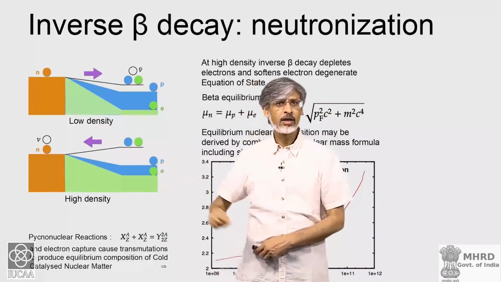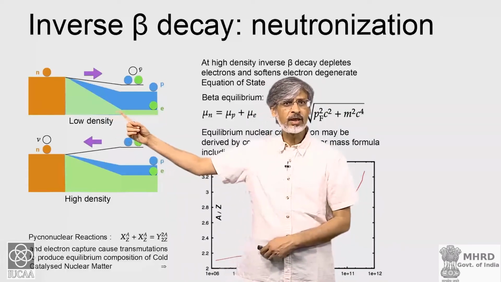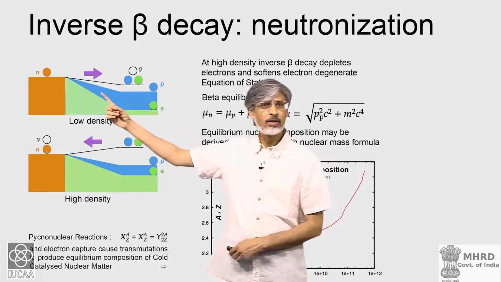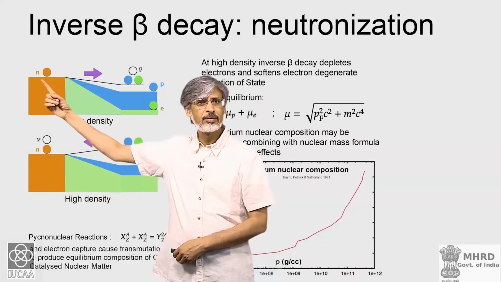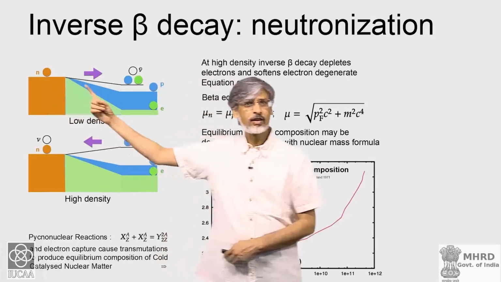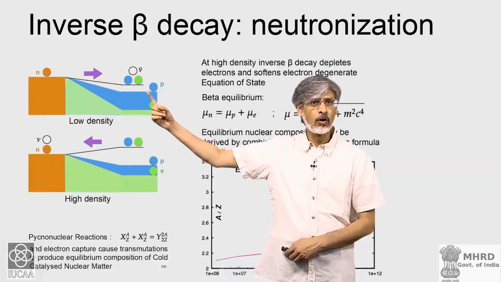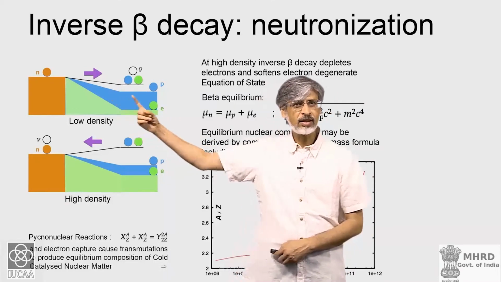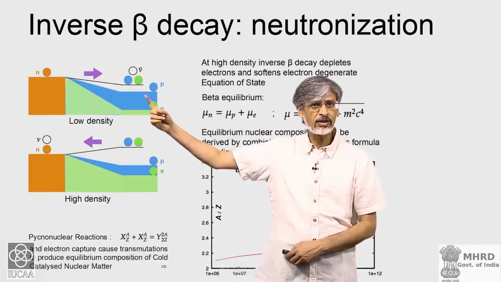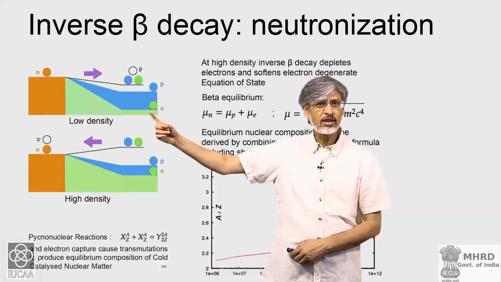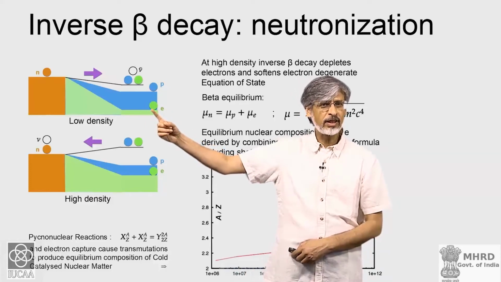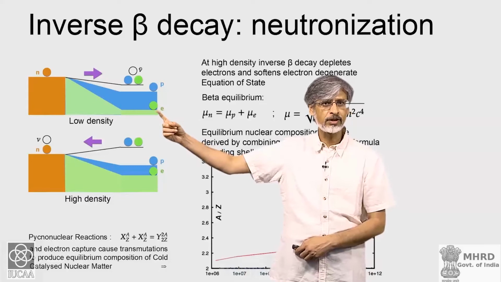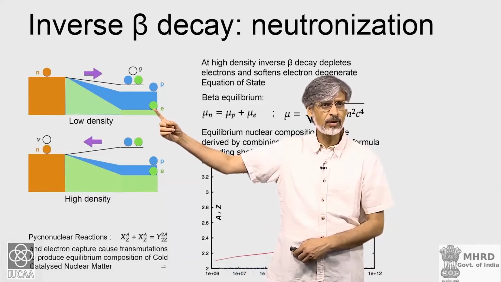So, if the density is low, then you have the neutron rest mass giving you the net total energy there, the proton rest mass which is lower than the neutron rest mass giving you a certain amount of energy here, plus the electron, which has its own rest mass much smaller than the proton rest mass, but it may have some Fermi energy.